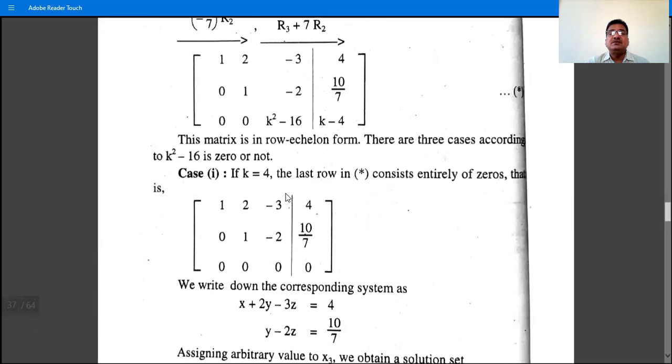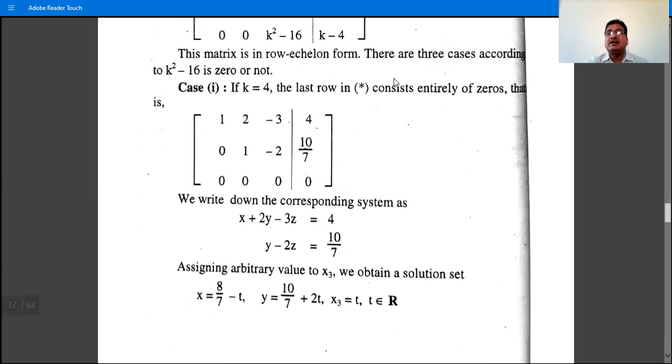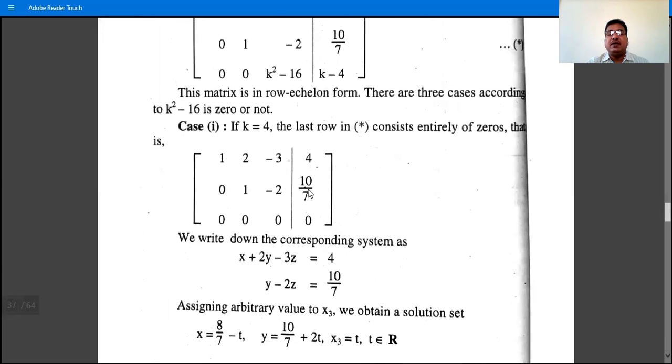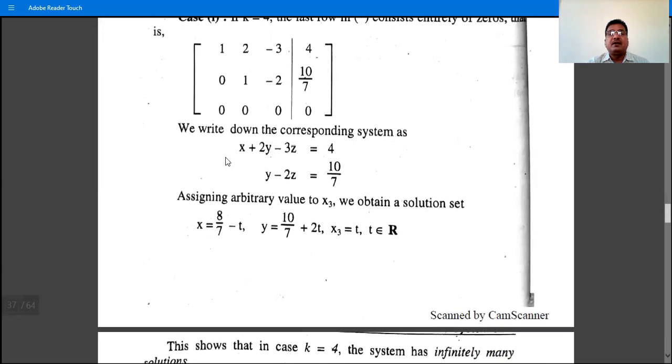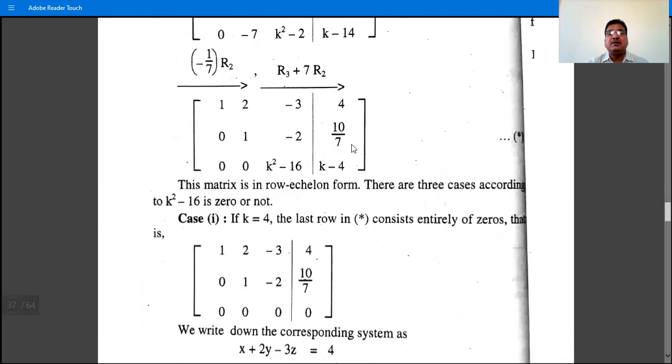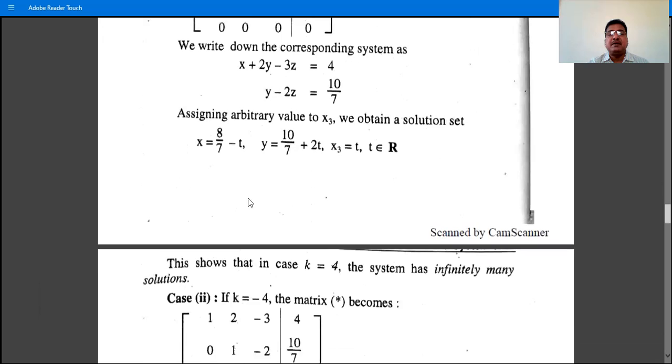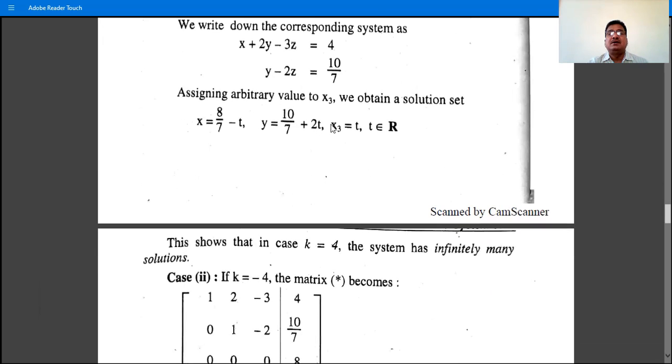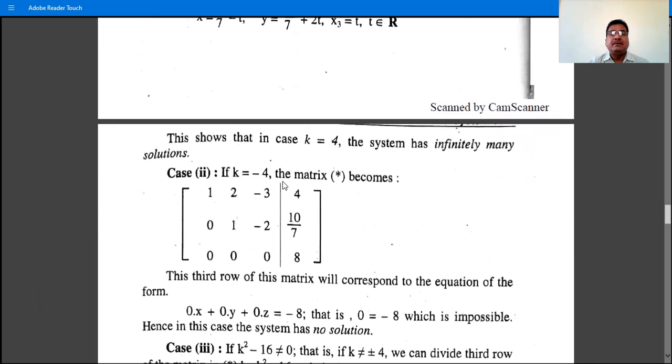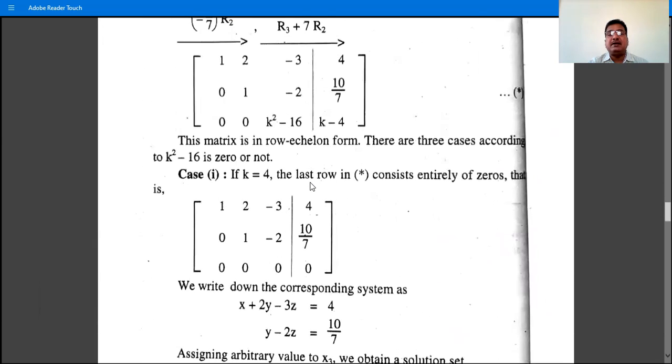From the echelon form, we can rewrite the equations and find the solution. We have two equations and 3 unknowns, therefore the system has infinitely many solutions. We assign one unknown, suppose z as t, and then find y and x.